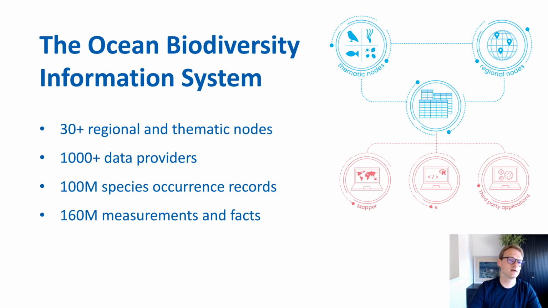Processing means that they align the data sets with our data standards, EML and Darwin Core, and they perform a number of quality checks on the data. Our database currently contains around 100 million species occurrence records and 160 million associated measurement and fact records. That includes environmental and biometric measurements, but also facts about sampling methodology, for example.